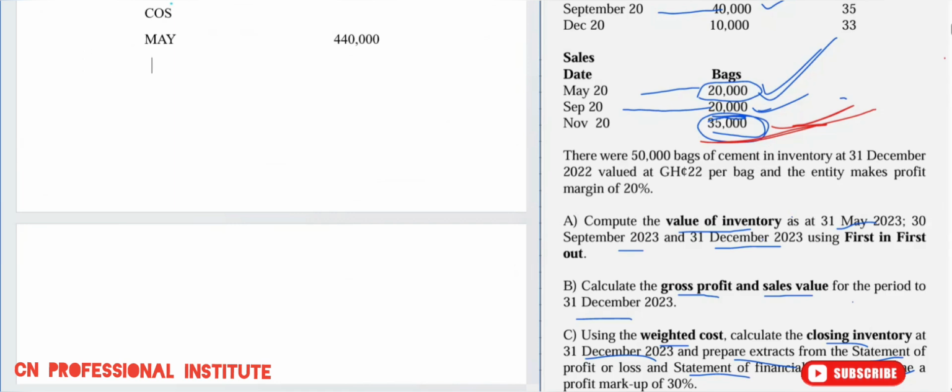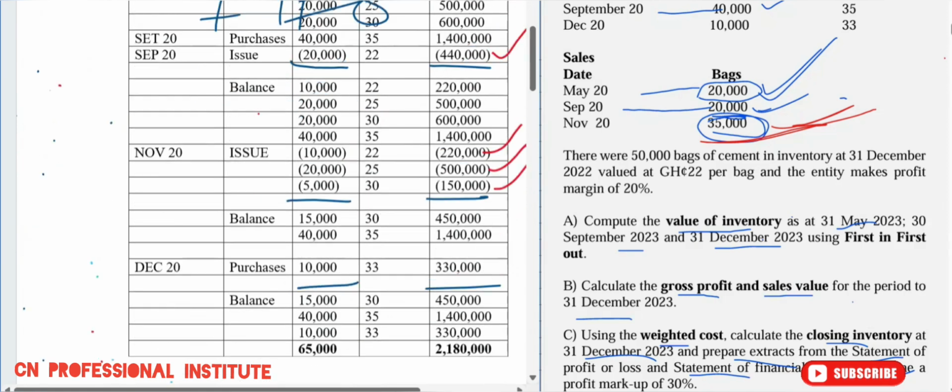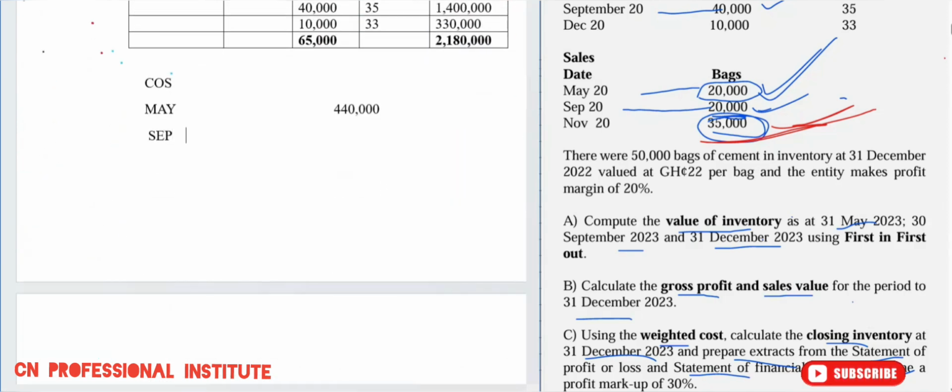Then September, okay, so the figures I'm adding here. September was 440,000, right? So it was also 440,000. And then November, we had like three. We had 220, plus the 500, plus the 150, right?